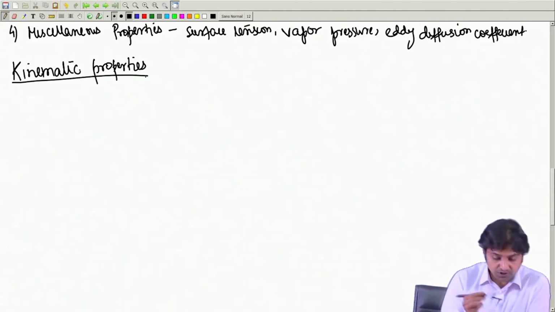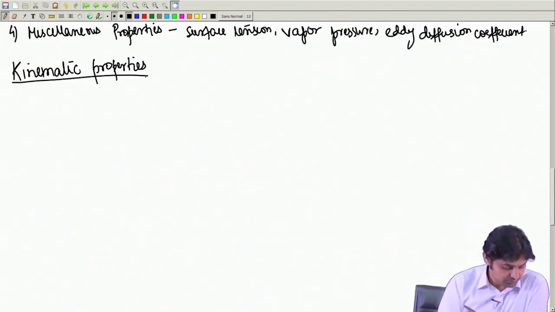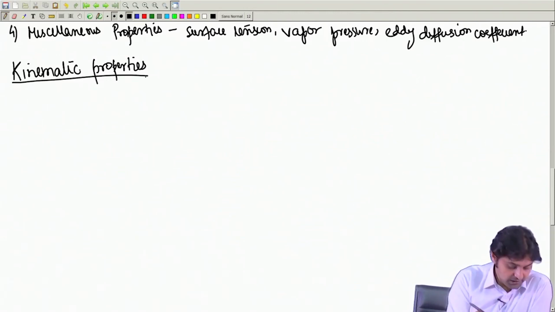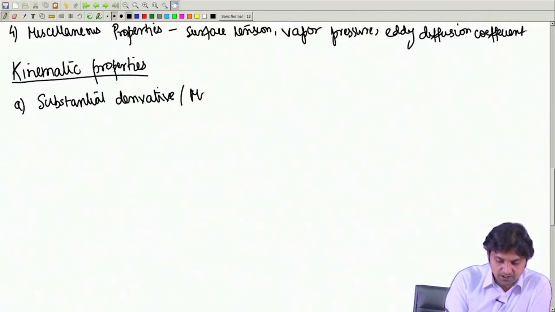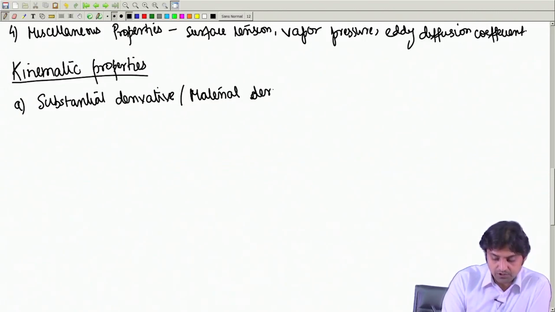That is the main objective of today's lecture. So first thing is substantial derivative / material derivative. So we are just going to mention what that is.